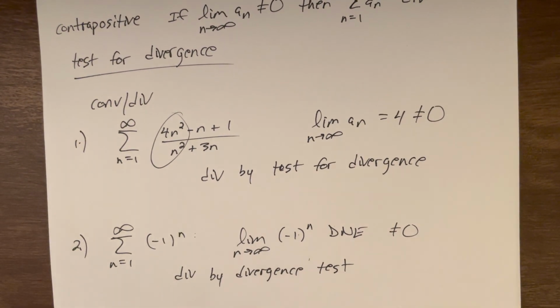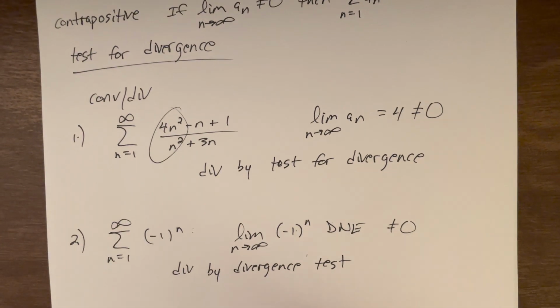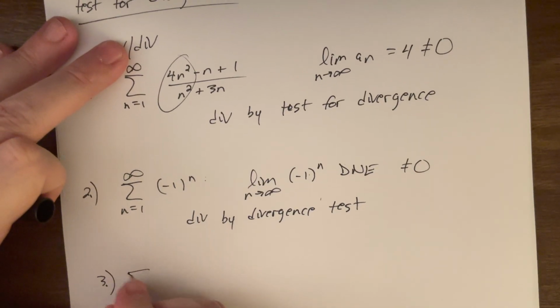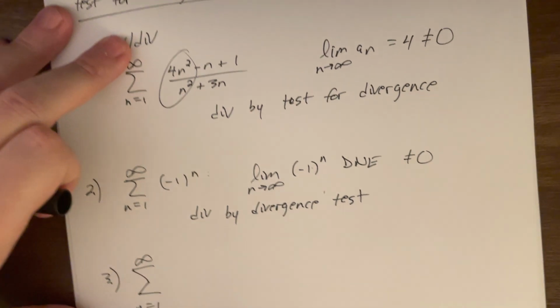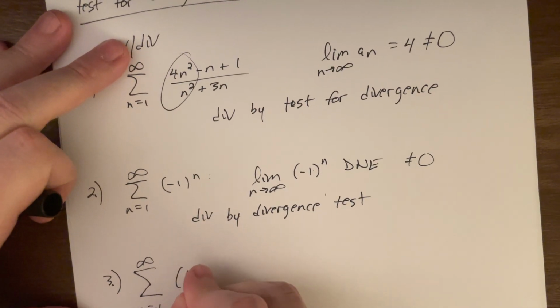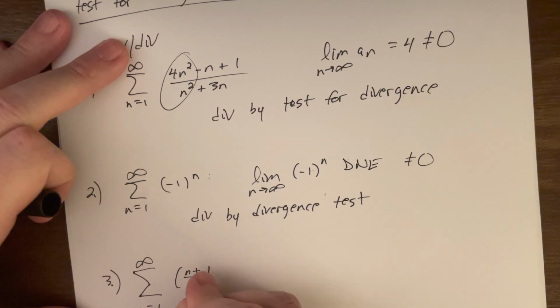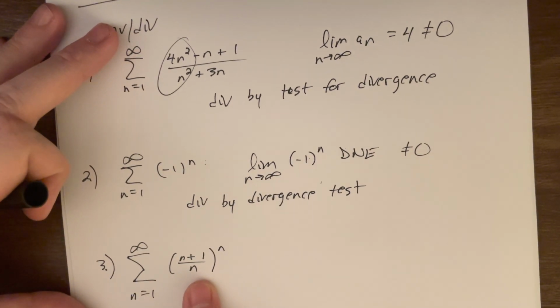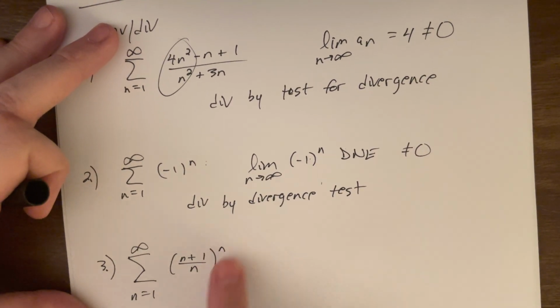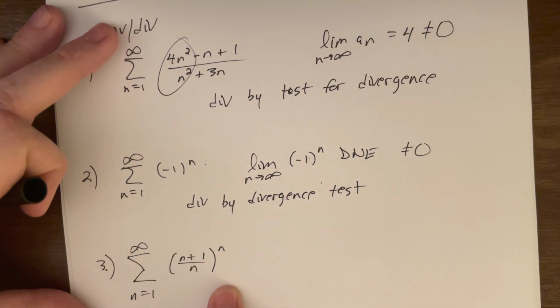And one more like this, number 3. Let's take a look. Remember this? We just pointed it out in the last video, and we did it for something just like this. That needs to stand out.